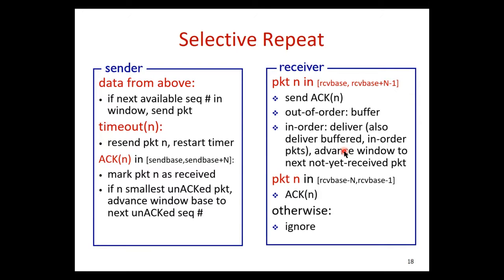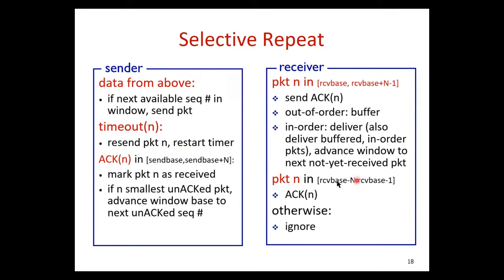For example, if packet 2 was missing but it received packets 3 and 4 previously, then when it receives packet 2, it will deliver packet 2, packet 3 and packet 4, and it will advance the window to the next not yet received packet. So in this example, it will advance the window to packet 5.